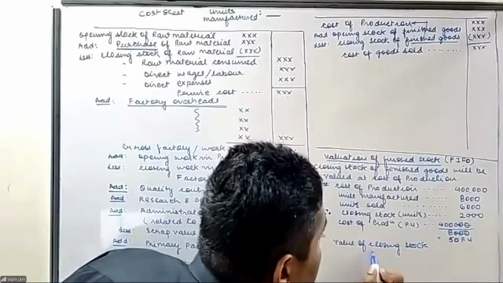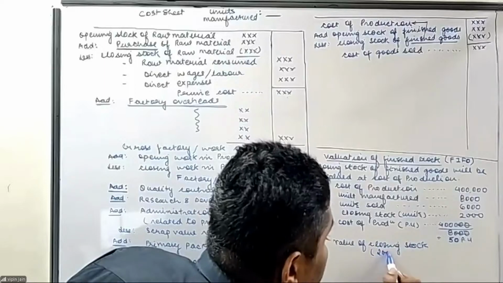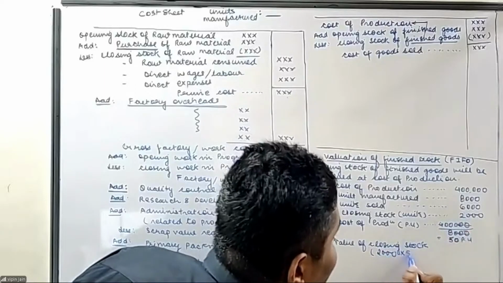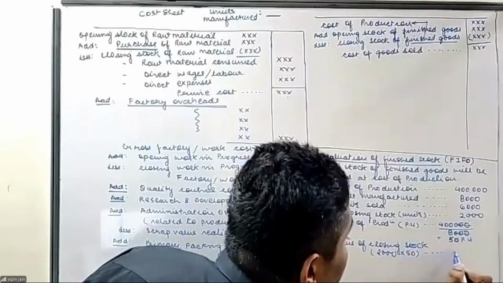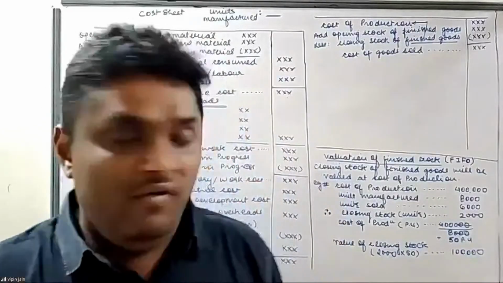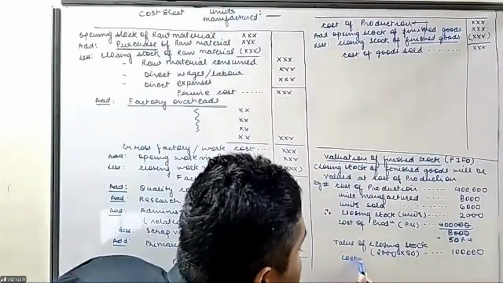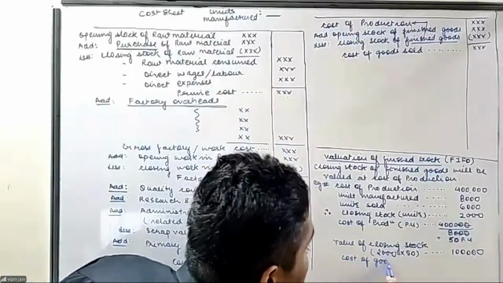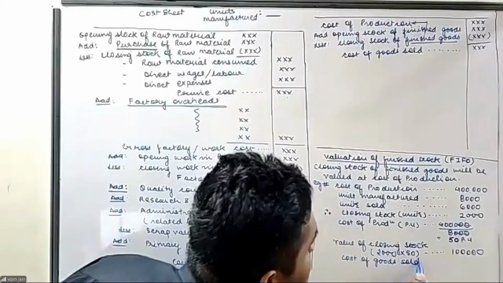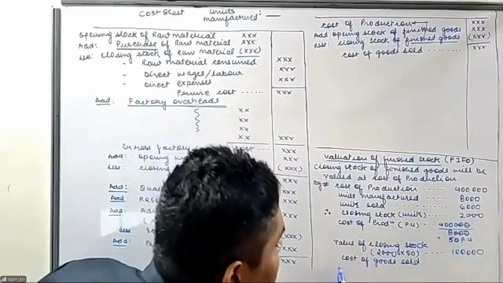It will be 2,000 units that are in stock into 50. So this will be 1 lakh. Further, the cost of goods sold will be how much? It will be the cost of production minus the value of finished goods.